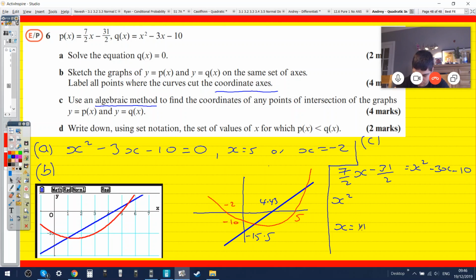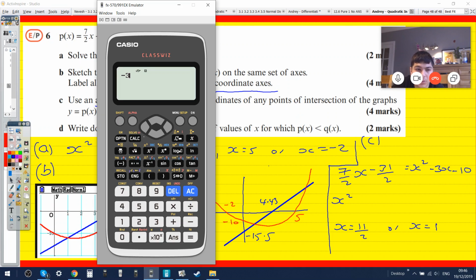So x equals 11 over 2 or x equals 1. Is that full marks? No, because I need to find probably y, don't I?